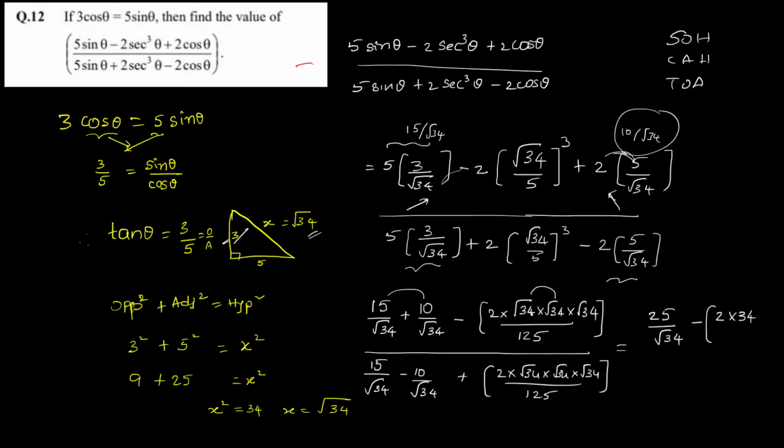So root 34 into root 34 will become 34, and we are left with one more root 34 by 125 minus, and 15 minus 10 is 5 by root 34. Since the denominators are the same here, I'll do direct subtraction, plus 2 into 34 into root 34 by 125.